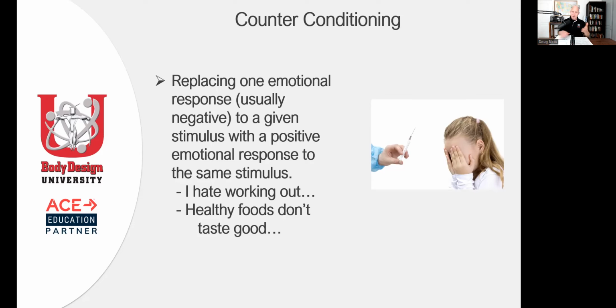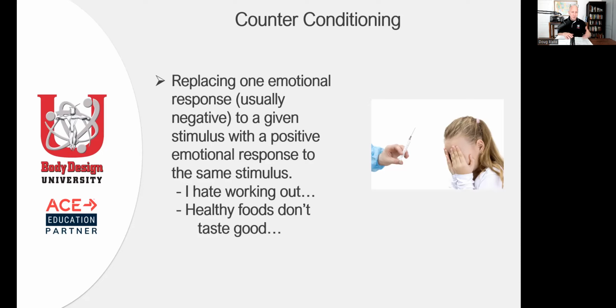Well, what counter conditioning says is replace that one emotional response, yuck, I don't like the taste of it, therefore I won't eat it, which is negative, to a given stimulus with a positive emotional response. I actually like to eat. Well, how do we do that? It's usually going to be taste, flavor, texture. Why do you think we have so many substitutes, substitute sweeteners?